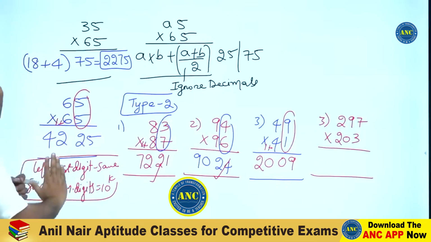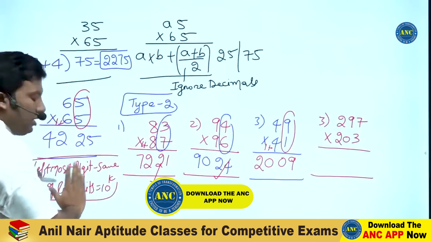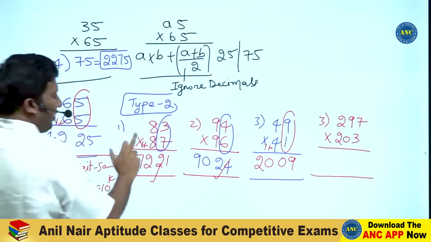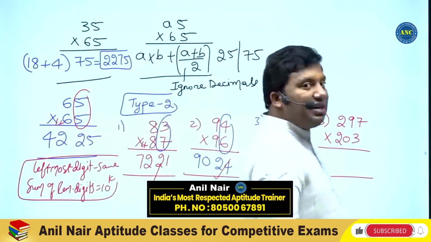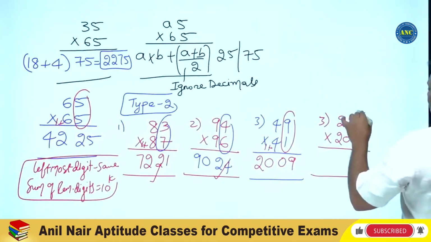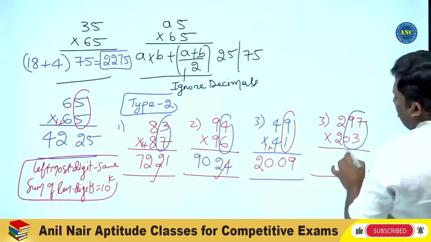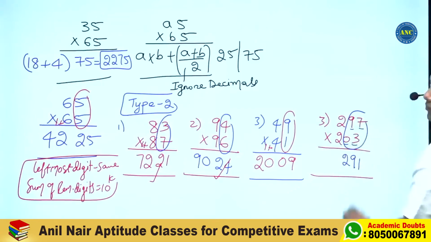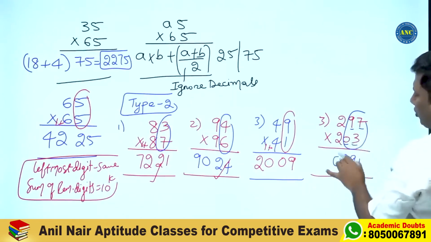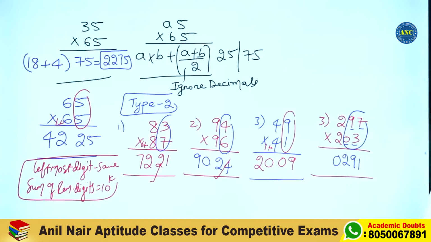Sum of the remaining digits should be of the form 10 power k. 5 plus 5, 10. 3 plus 7, 10. 9 plus 1, 10. 97 plus 3, 100. So 97 3s are 291. 9703, 291. So what we'll do is add a 0.